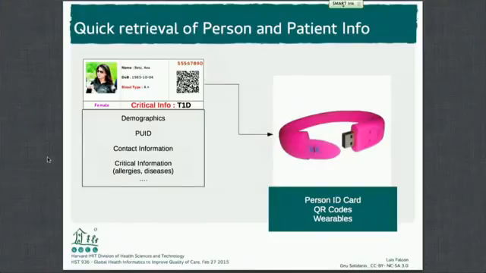Some other things that we do is make the information available at all times. So if I have a patient that has type 1 diabetes, I want to have that information on something that she's wearing, and in the case that she has some issues, it can be retrieved by any health official at any time.